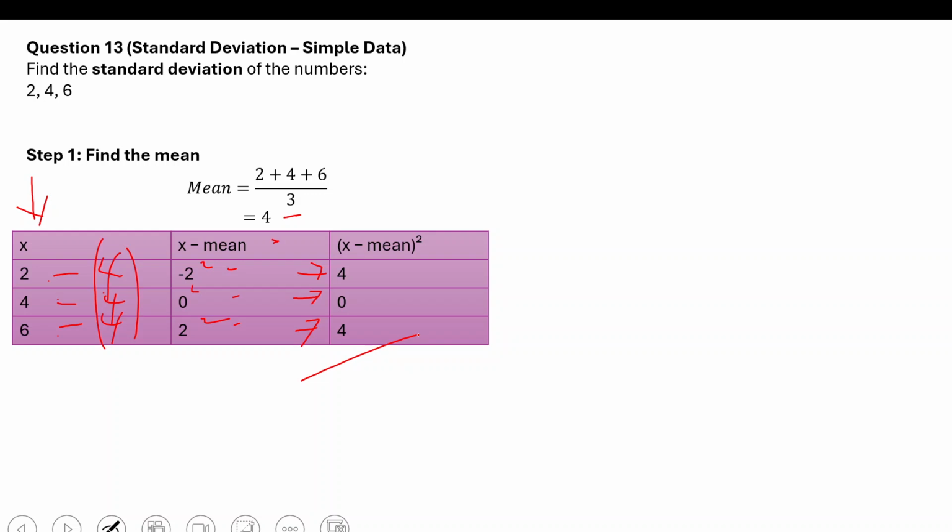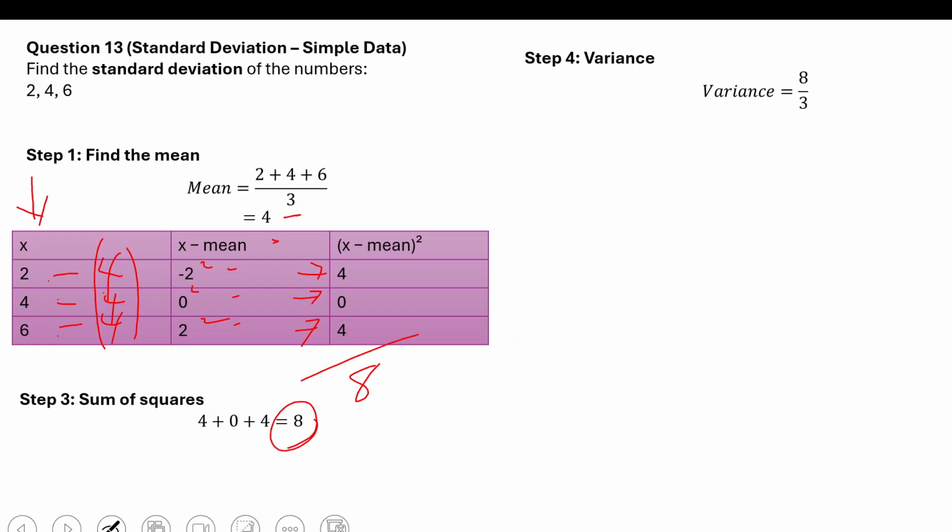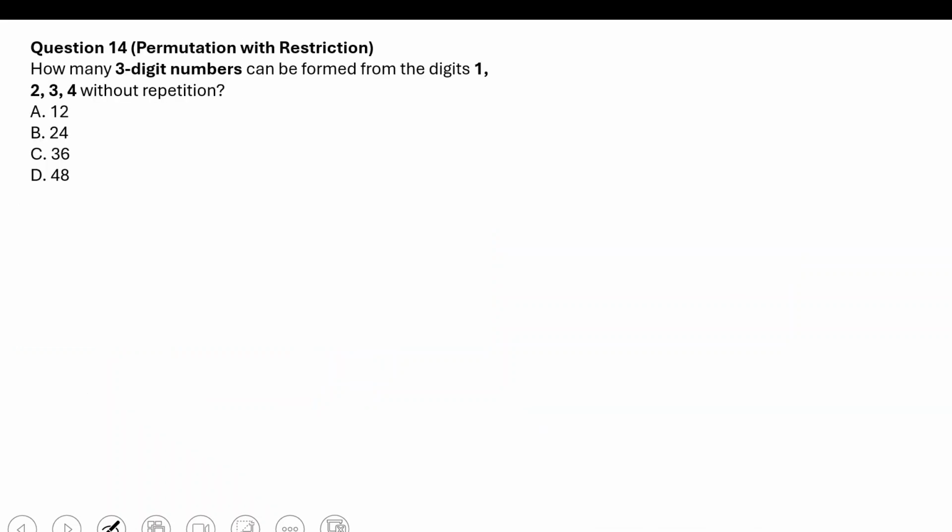So you add them and get 8. So the variance is the sum of the squares over the number of values, 8 over 3. And the standard deviation will now be the square root of 8 over 3. That's 1.63.